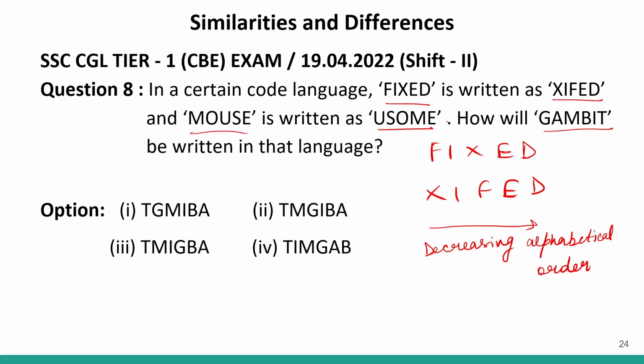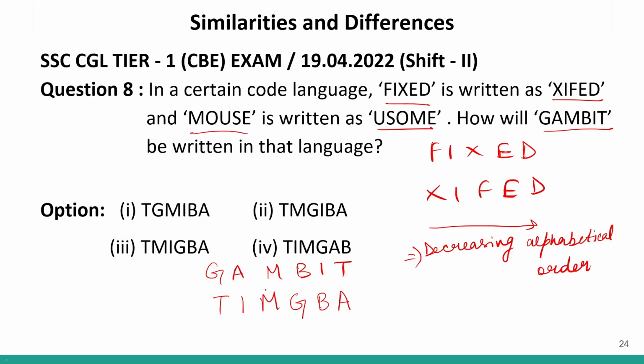Similarly for mouse, E, then M, then O, then S, and then U. So to find the answer for gambit, we would have to write it in decreasing alphabetical order like this. So first I'll get T, then I'll get I, then I'll get M, then I'll get G, and then I'll get B, and then I'll get A, right?